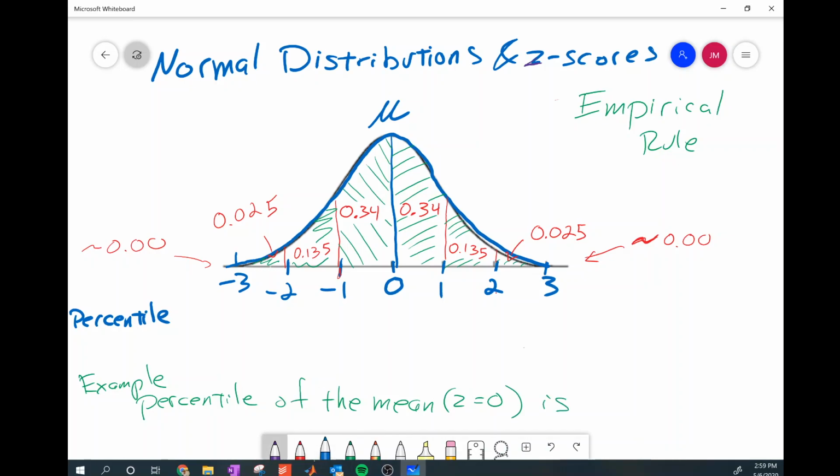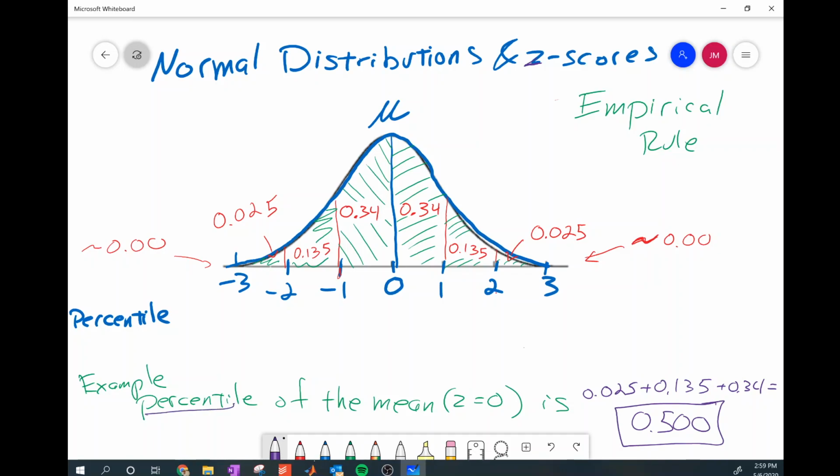Well, we're talking about everything in this region here. Well, that's going to be 0.025 plus 0.135 plus 0.34, and that'll give us 0.500.